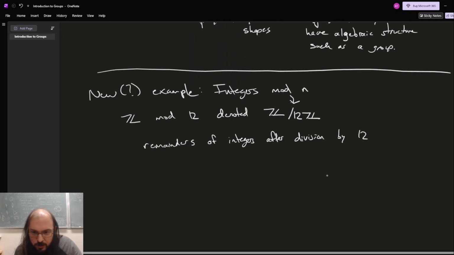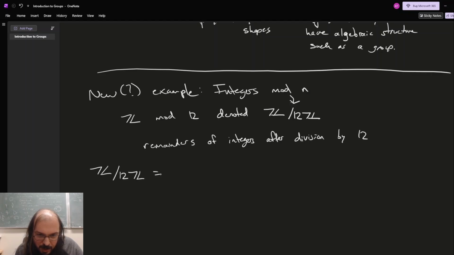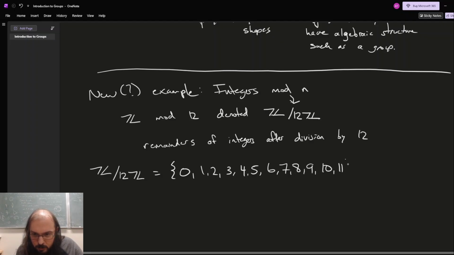So in other words, as a set, Z mod 12Z has 12 elements in it. The possible remainders that you get when you divide any number by 12. So here they are.